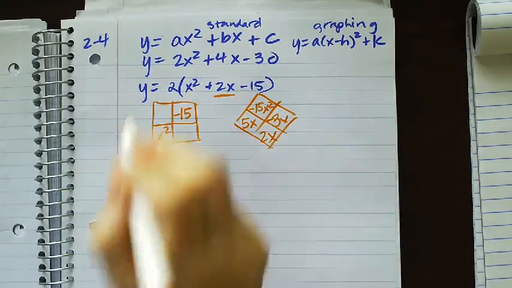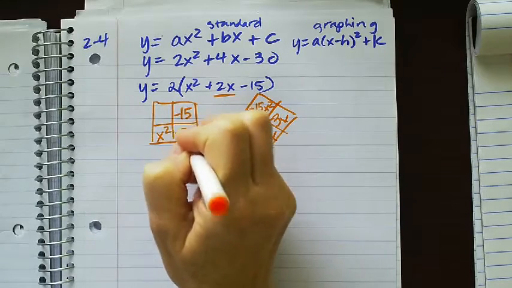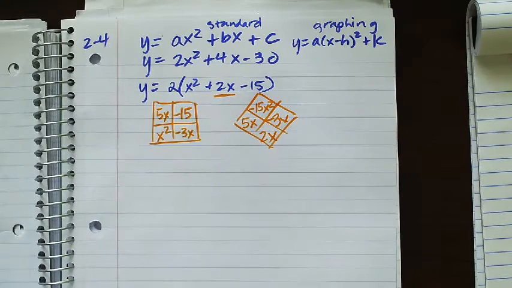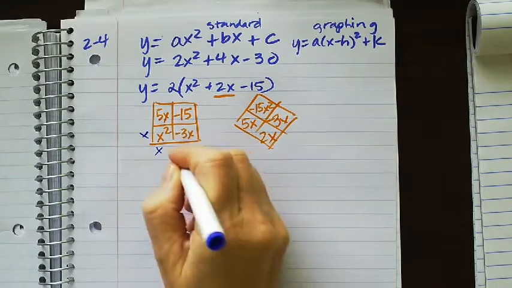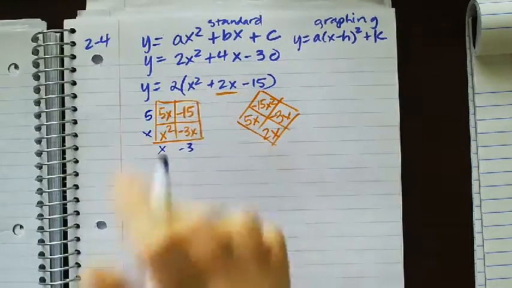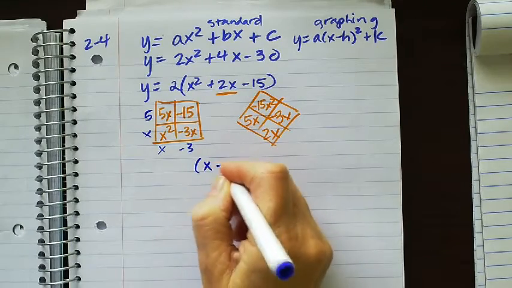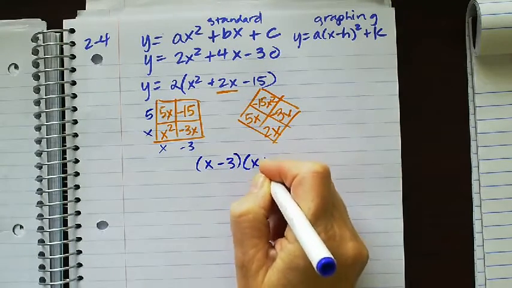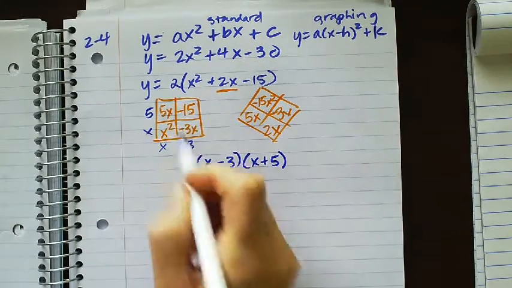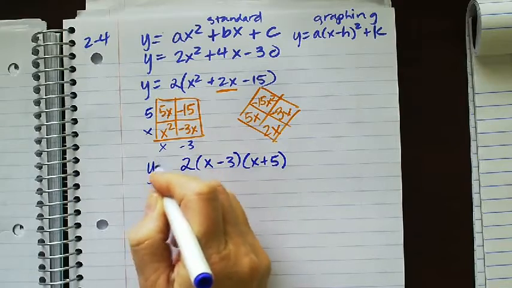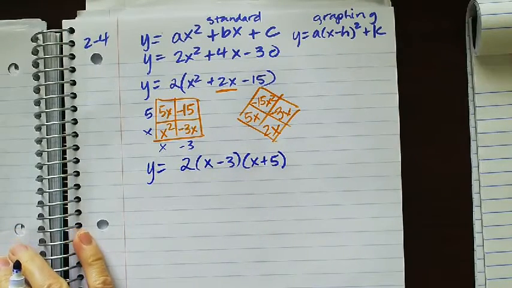So let's make that 3 negative. So negative 3x and positive 5x are your missing terms in your area model, which is going to factor into x minus 3 and x plus 5. And you still have this 2. Don't forget about that. That's still part of your equation.